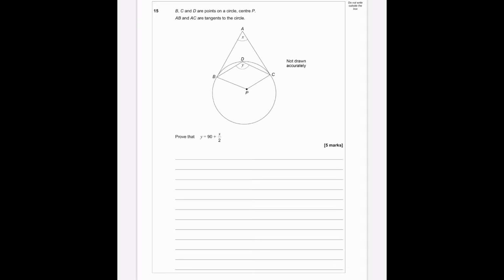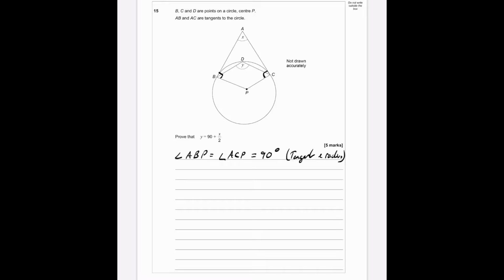Question 15. So this is a geometric proof question. We are going to hunt down the angles until we get one with the y in it. So starting with what we know, well, we know AB and BP and AC and CP, they are both tangents and radii. And so the angle between them is going to be 90 degrees in both cases.